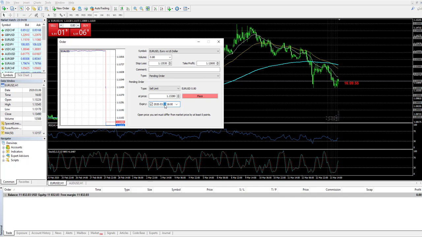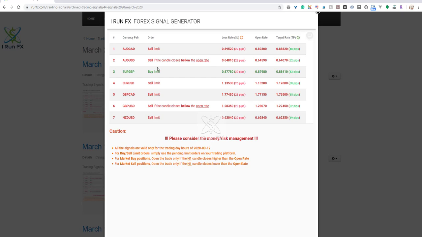I usually place it for around a couple of hours before the closing time. So let's say 22:05. Once I place the order, I'm done with this signal. So I let it trade by itself and I can do whatever I want during the day.